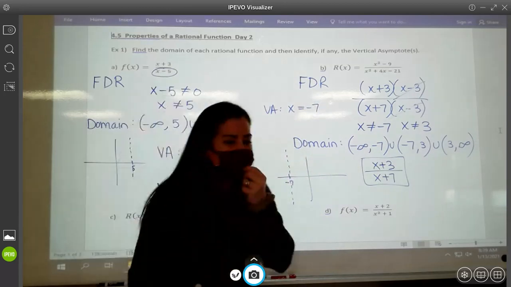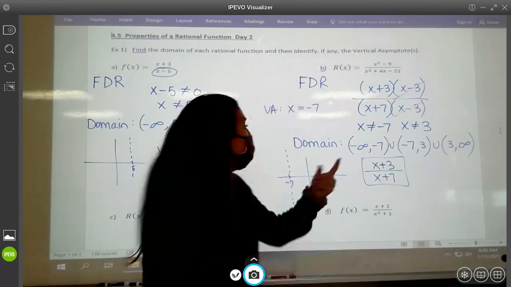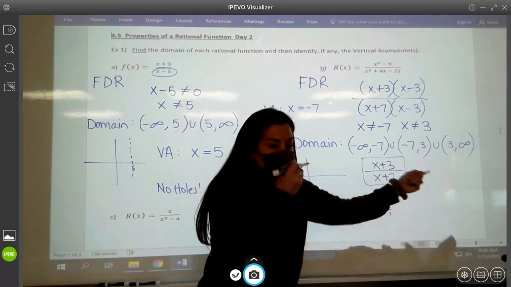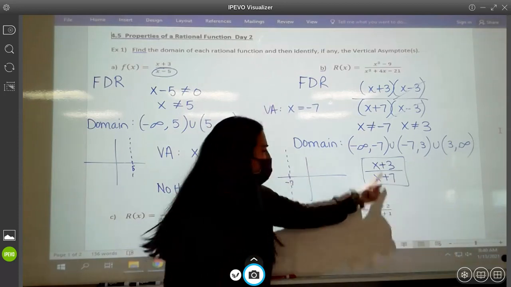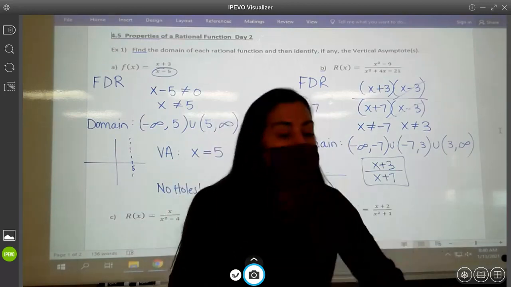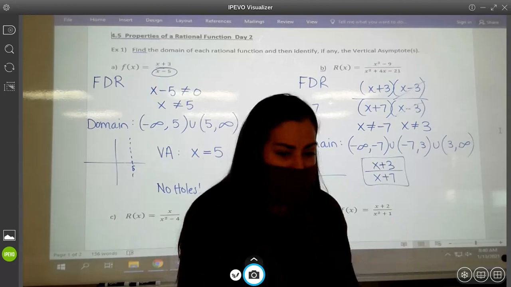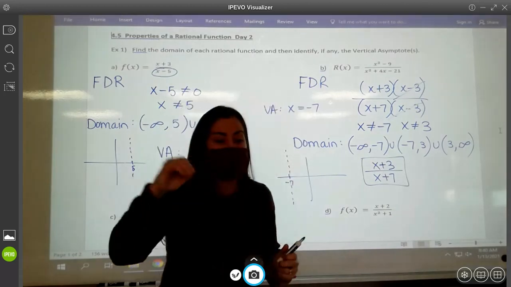Okay, but guys, -7 was not the only number who wasn't in our domain. 3 was also not in our domain. But does 3 look that bad anymore? No, 3 actually looks like, wait, is 3 okay now? No, he will never be okay. But because he doesn't appear in the function anymore, he doesn't act as a vertical asymptote, he acts as a hole.